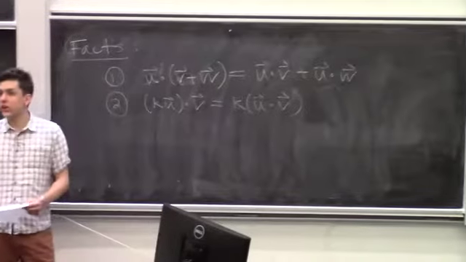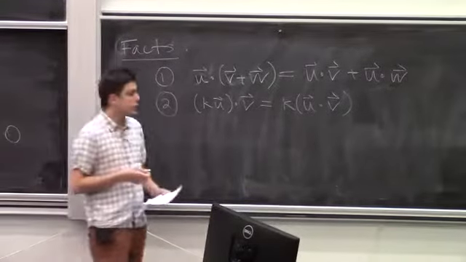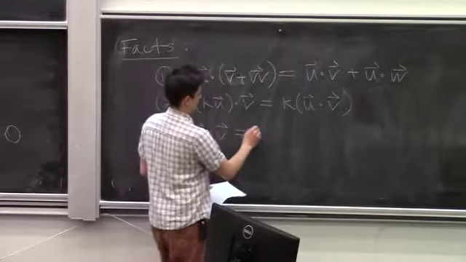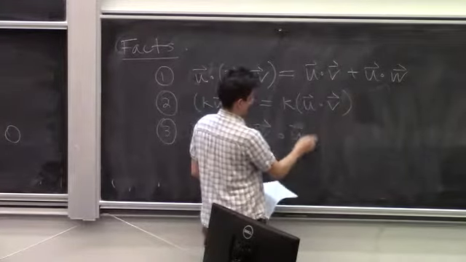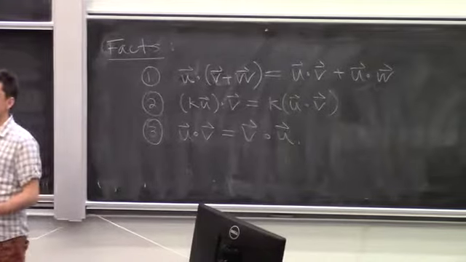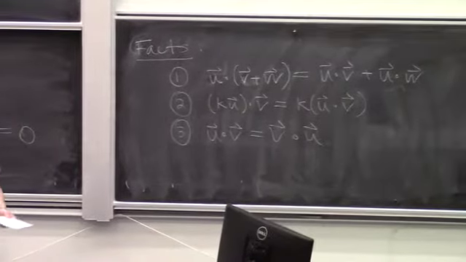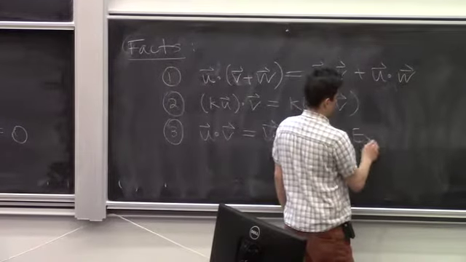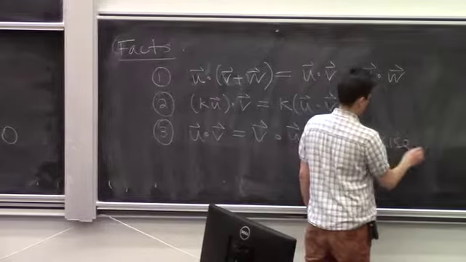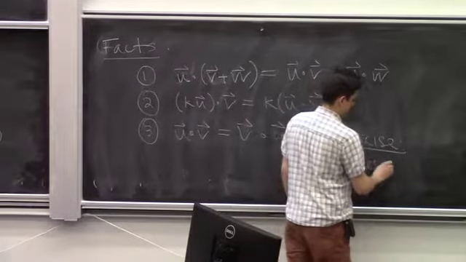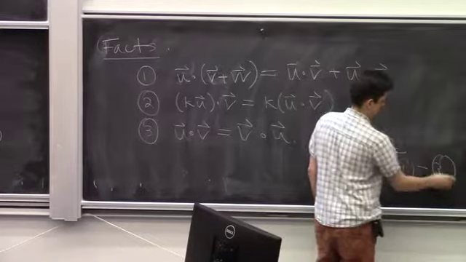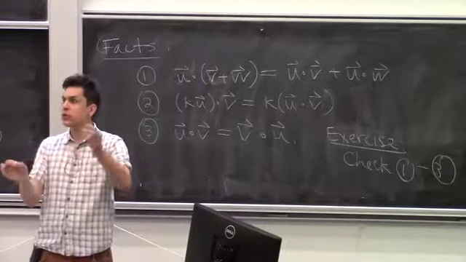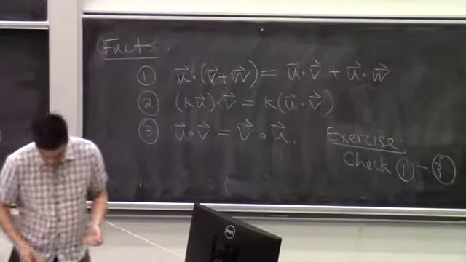If we've got a constant, we can pull that out of the dot product. And we can switch the order of two terms. These are an exercise to check: you'd write down the vectors in coordinates and go through like that.